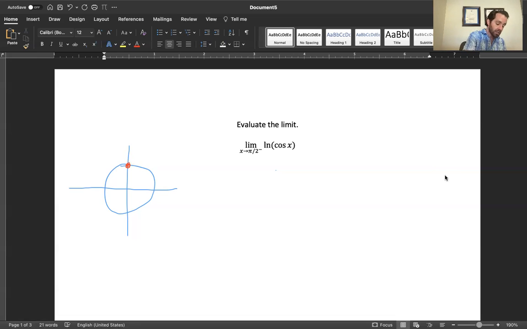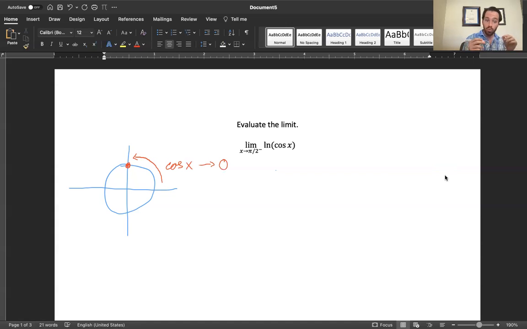Along this path, cosine of x approaches, now think about it, cosine is the x coordinate, so it's going to approach 0, but does it approach it traversing through positive numbers or through negative numbers? Well, in the first quadrant, cosine is positive.